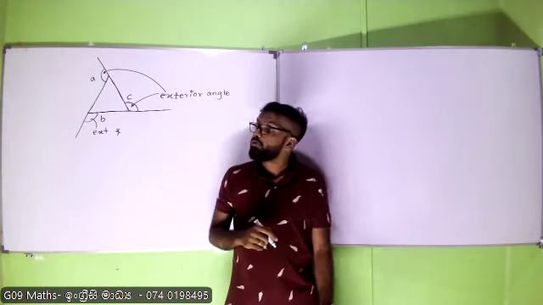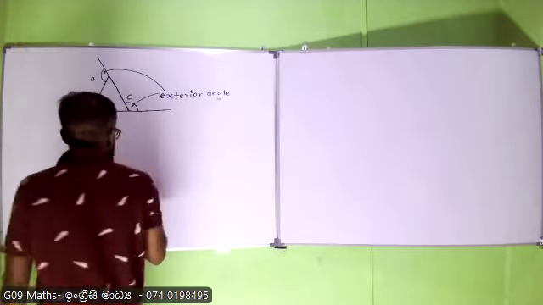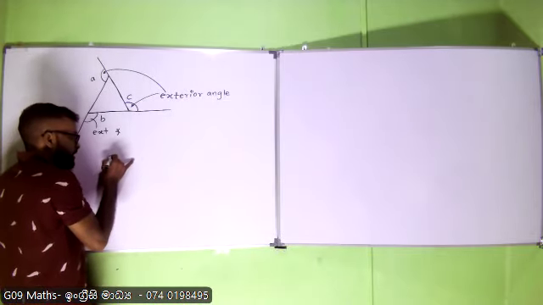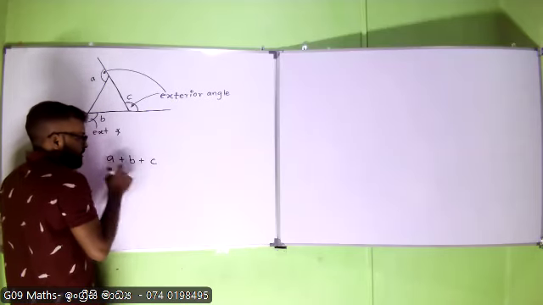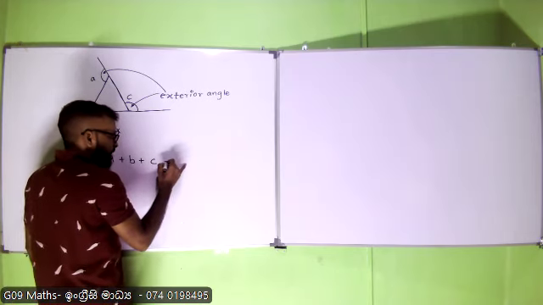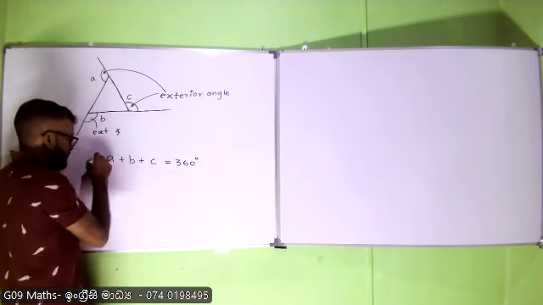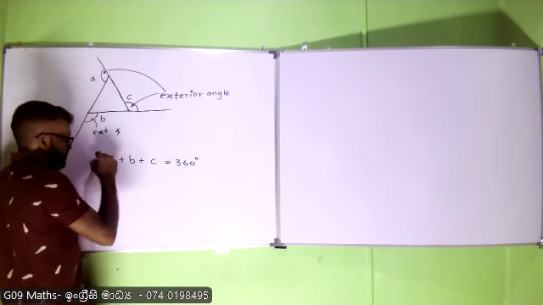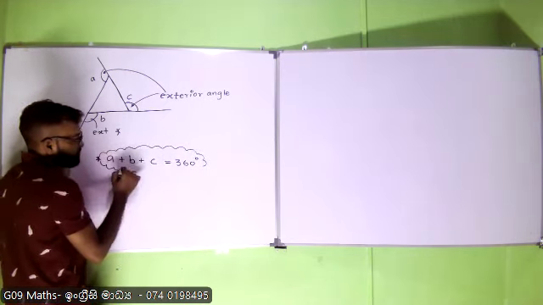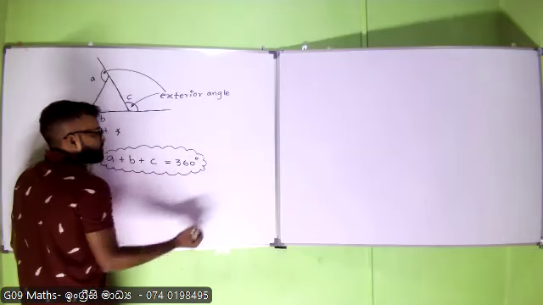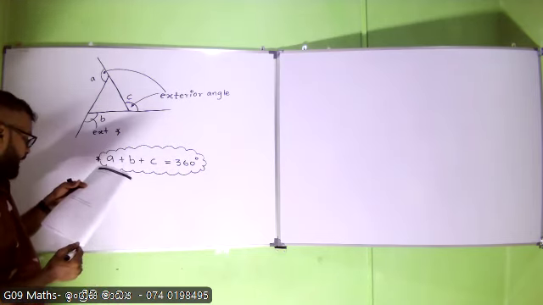And what you need to remember, most importantly, is that you can obtain A plus B plus C. The summation of exterior angles of a triangle is also equal to 360 degrees. So let's go for the next one.